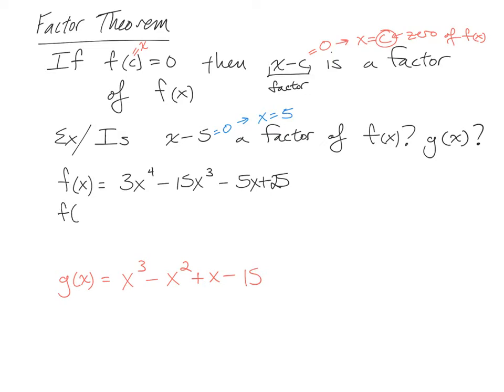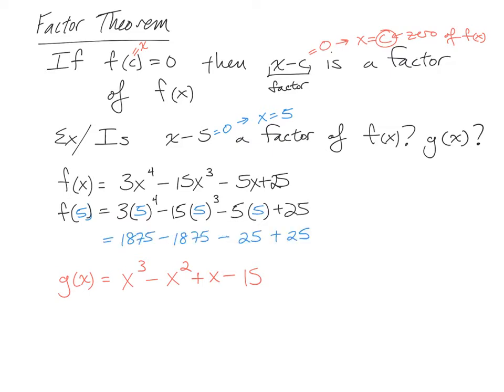So f of 5 will be 3 to the 4th minus 15 to the 3rd minus 5 plus 25. So all of these x's are being replaced with 5s.